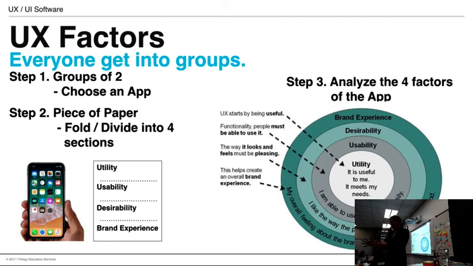Introduce yourselves, and write the utility, what makes that app usable, what makes that application desirable, and what makes that application's brand experience. Just open your phone, and the first thing you see, just open that one and say, cool, this is the one that I'm going to choose. Most of you have an application that you use all the time. It doesn't matter what it is.